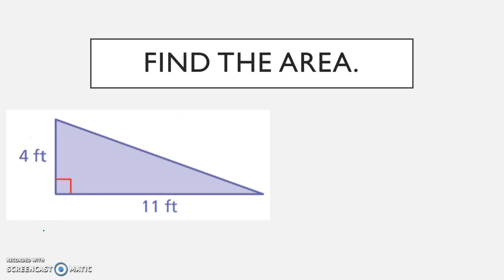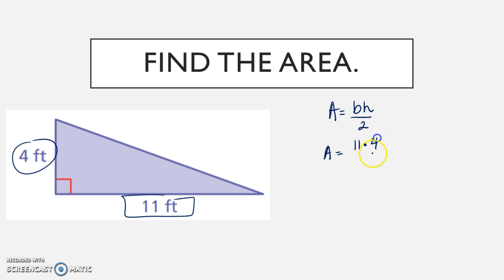Okay, we're actually going to move now on to area of triangles. And remember, there were two versions of the area formula. I'm going to use at least one of both. So here we've got area equals base times height, so very similar to our parallelogram, but then we have to divide it by 2. So here the base is 11 feet, multiplied by the height, which is 4 feet.